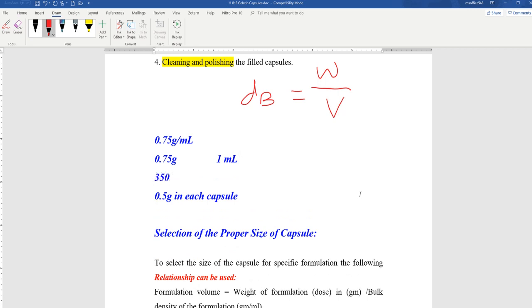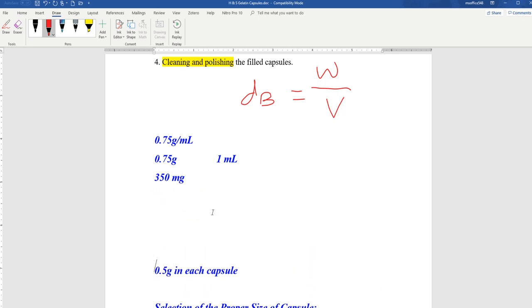How much do I need to use? I need to use 350 milligram. Now watch here, this is gram, this is milligram. I need to convert the milligram to gram. So what do I do? I say each 1 gram is equivalent to 1000 milligram.